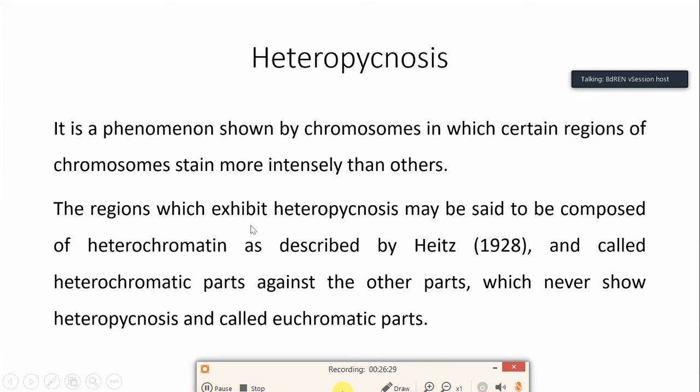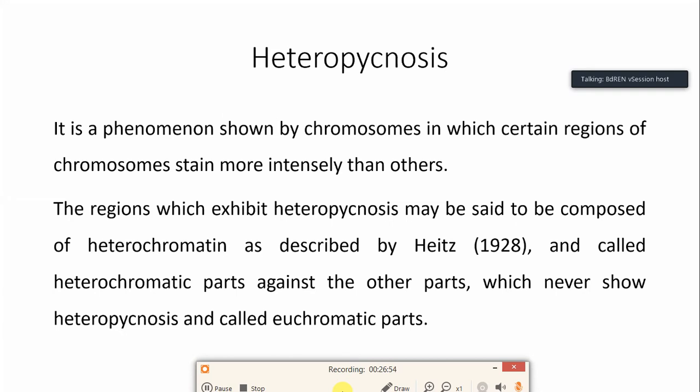The regions which exhibit heteropycnosis may be said to be composed of heterochromatin, as described by Hayes. According to Hayes, the heterochromatin regions, we know, are more dense and take more stain than the euchromatin.